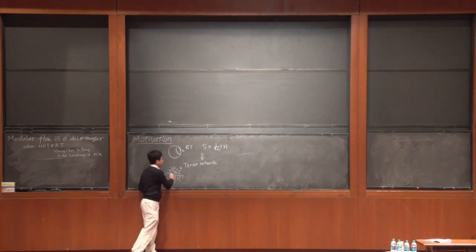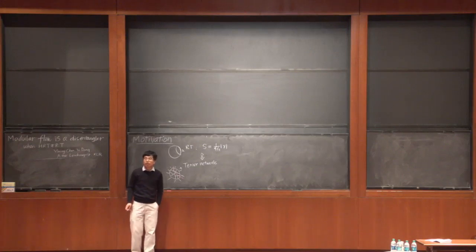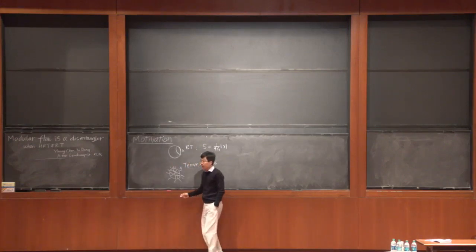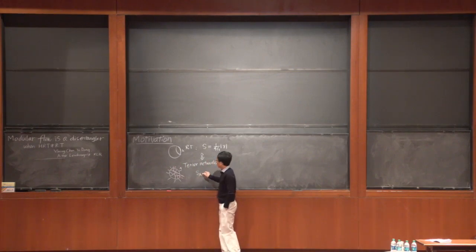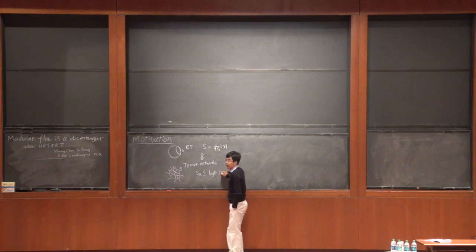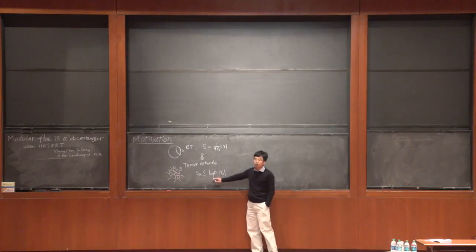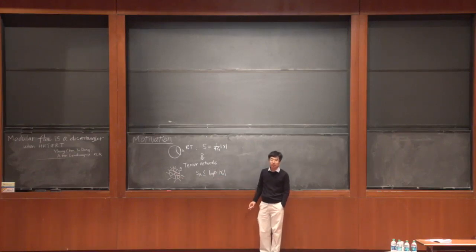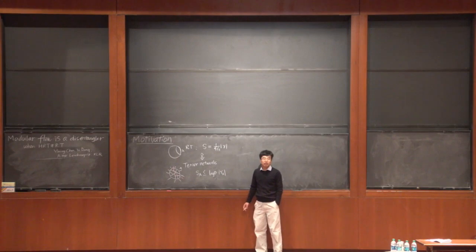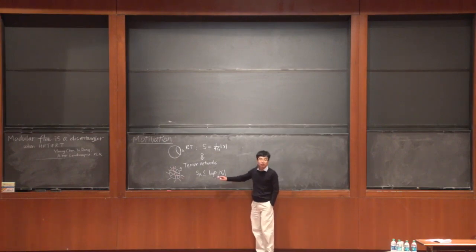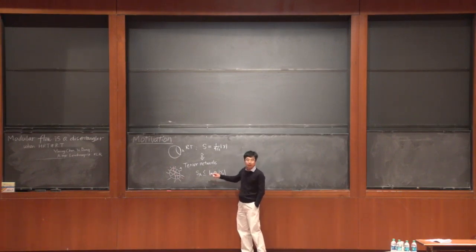So if you assume every link has the same bond dimension d, then the entropy of A is always smaller or equal to log d times what I call the minimal area, and the minimal area means the minimal number of links I cut. This is true in general tensor networks, and for particular tensor networks, for example random tensor networks, we can saturate the equality.